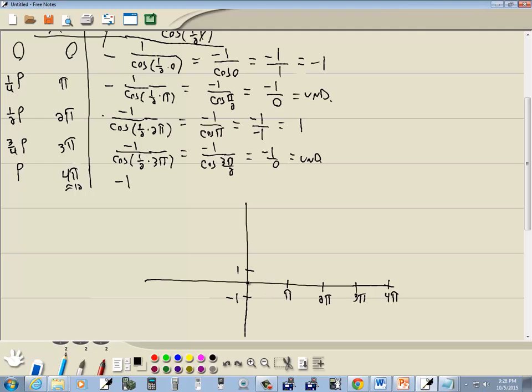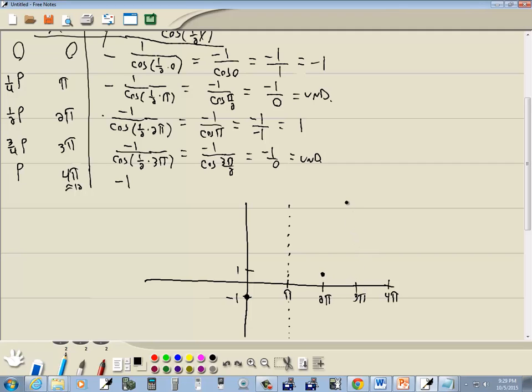Okay, first point is 0, negative 1, right there. My eyes got off. Next one is pi, undefined, which means we have an asymptote there. Then 2 pi is 1.